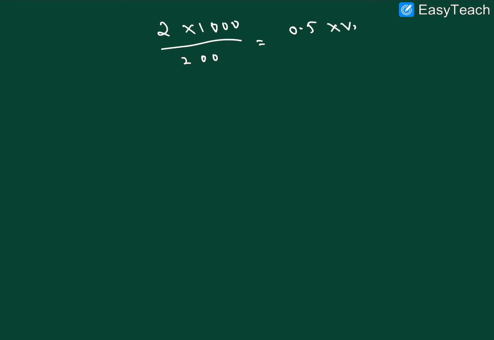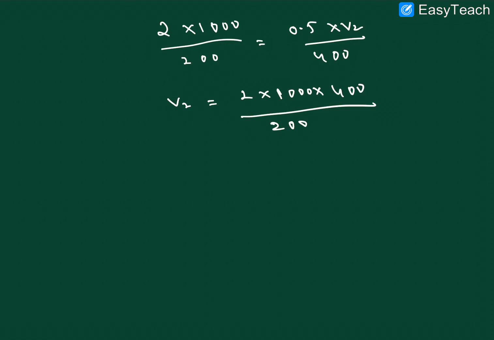We know one relation, 1 atmosphere pressure equals 760 torr, right? We can substitute the pressure here as 1 atm.